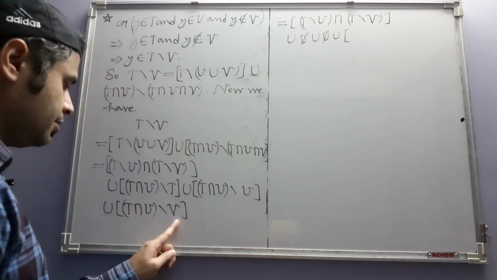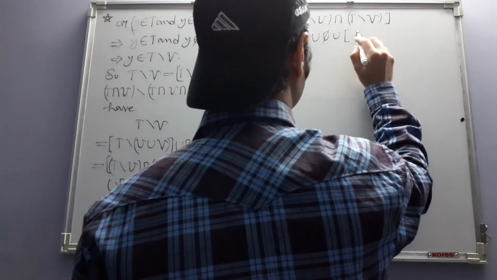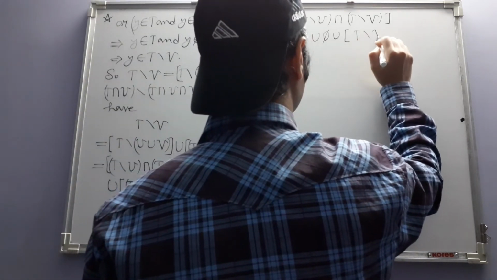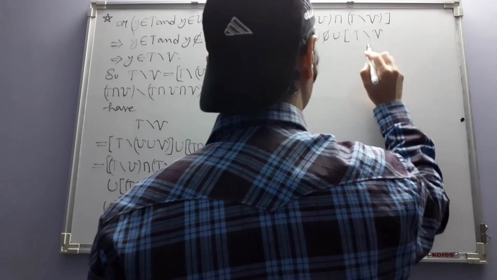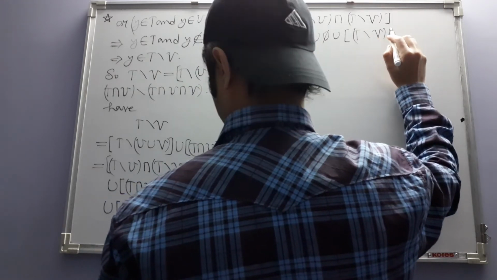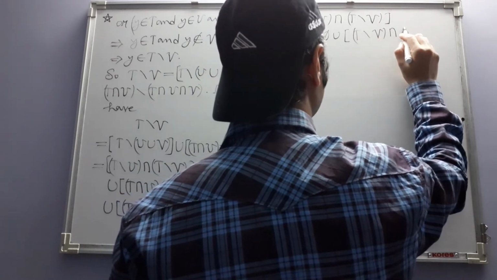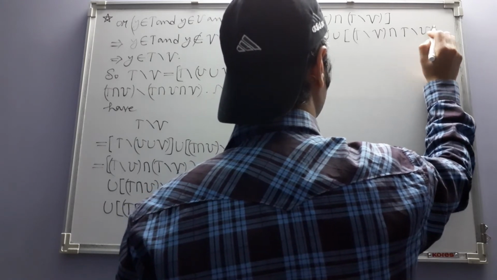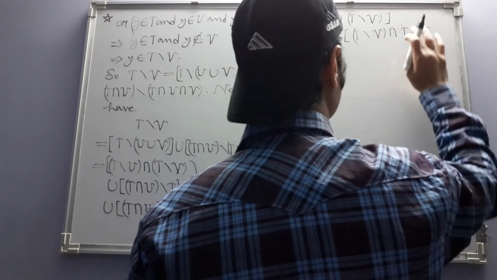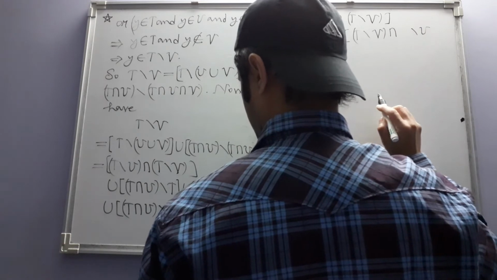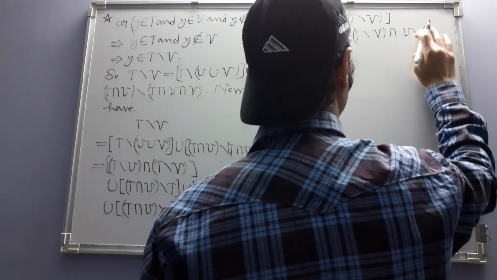In place of this we can write T difference V intersection, not T difference but U difference V.